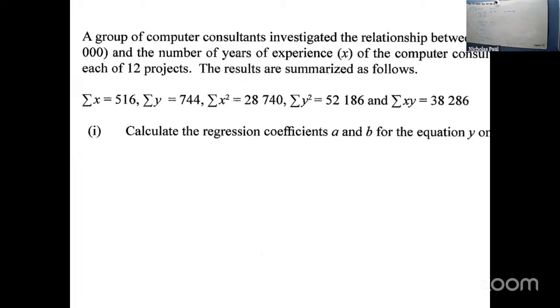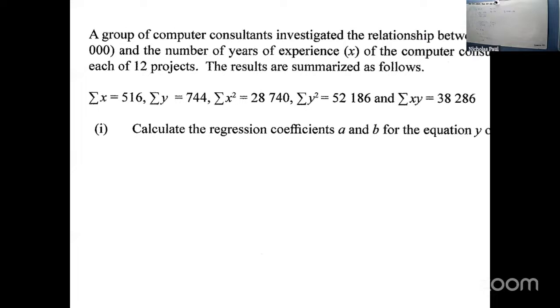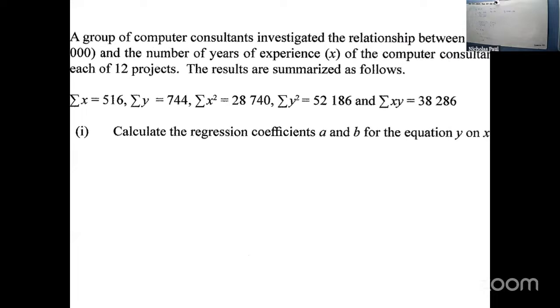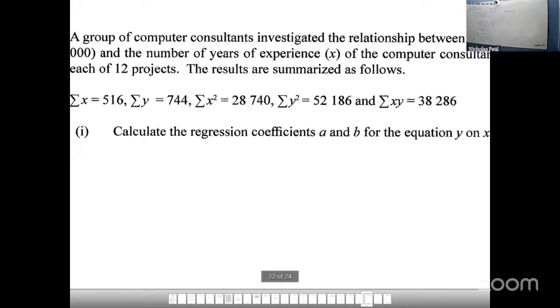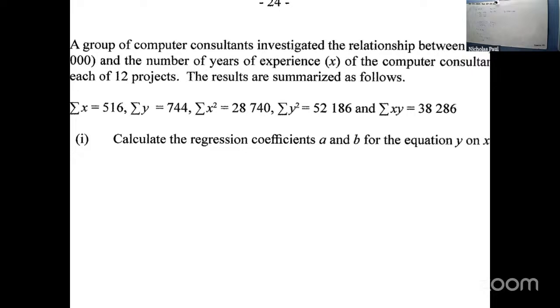All right, Ravisha, what you got? All right, so very good. For most people, we got the same things, right? Y is equal to 0.96x plus 20.72.